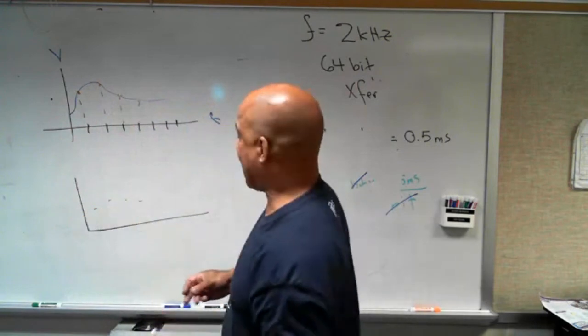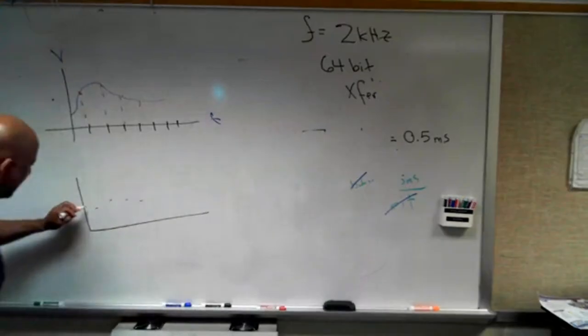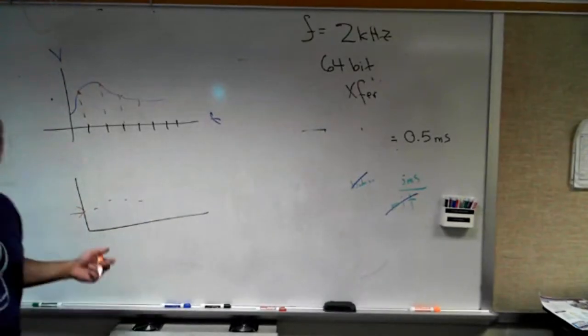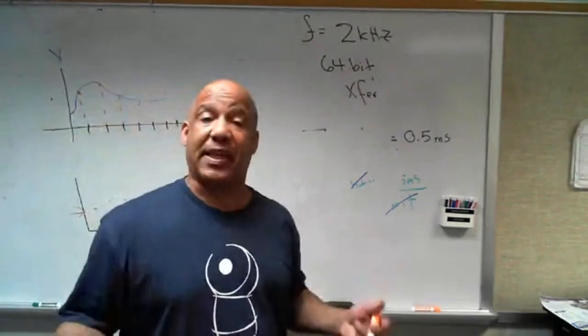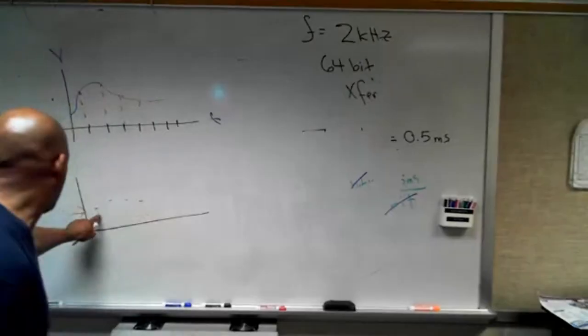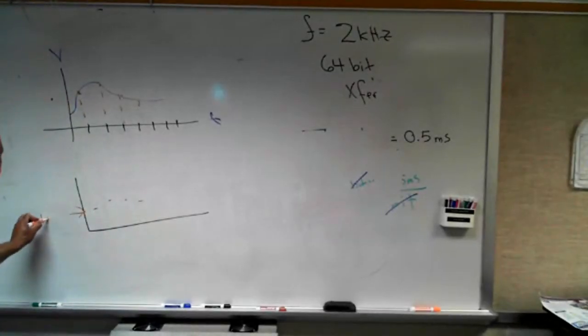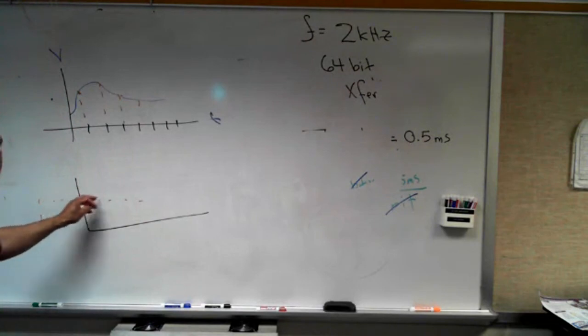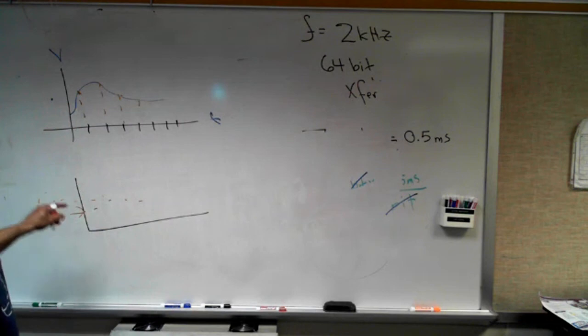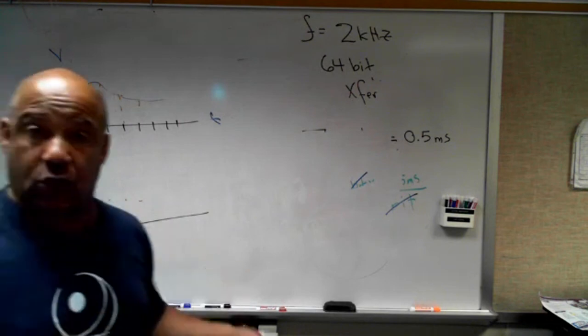But then to digitize it, what I have to do is each one of these gets a binary number. Now you know what a binary number is. Or it gets a binary code. Typically, it's a binary code. So I'll represent this point right here as maybe a 1, 0, 1, 1, 0, whatever. Each point gets represented as ones and zeros. And the ones and zeros are what I store.